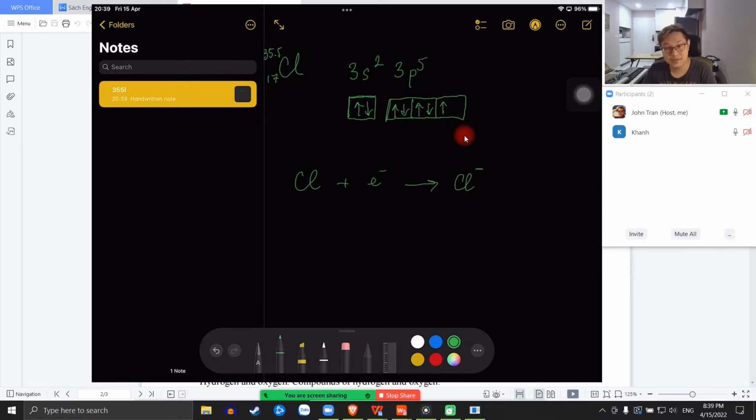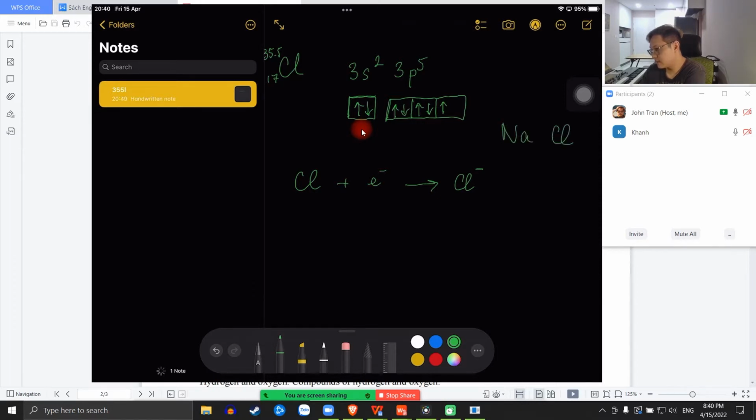Okay, but does it always happen that way? So this electron configuration also means that chlorine can be linked to other atoms in a substance with only one bond, isn't it? Yes. Let's say sodium and chlorine.